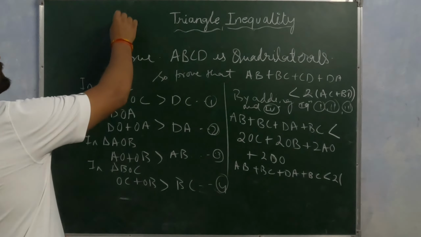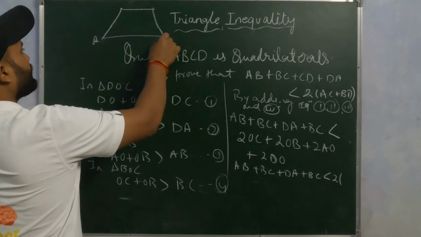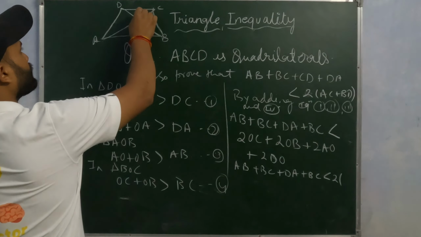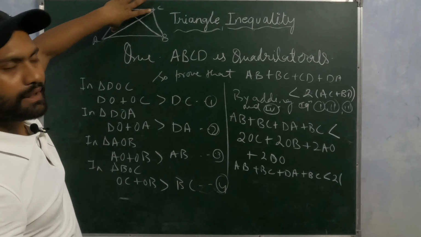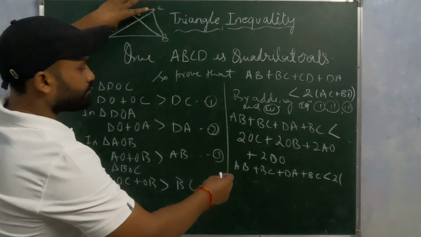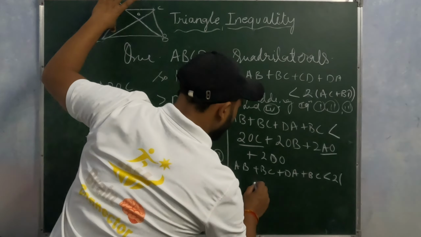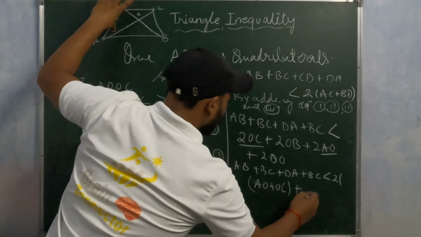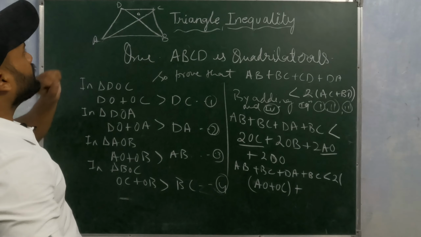Look, our quadrilateral is like this, ABCD, and we have drawn O like this. So when you find AO plus OC, it will be AC. Okay, so where is AO plus OC? Look, AO plus OC. You will write here AO plus OC, plus you will write DO plus OB is equal to DB.